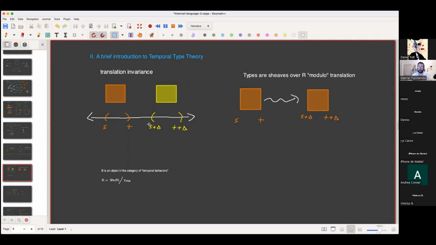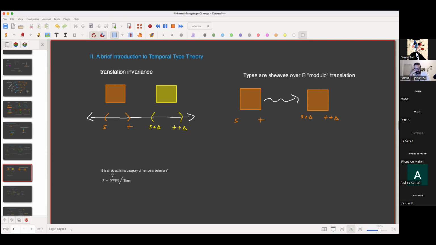But the actual translation in the mathematical sense of moving this interval without changing the length of the interval, that should not matter. So a fancy way of saying it is that types are sheaves over R modulo translation, meaning modulo just means we can ignore translations.